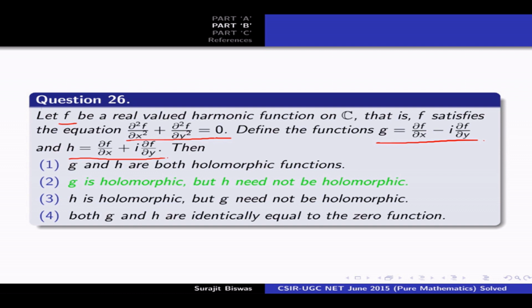Okay, so for this we'll use the result that a sufficiently smooth function is holomorphic if and only if it satisfies the Cauchy-Riemann equations.